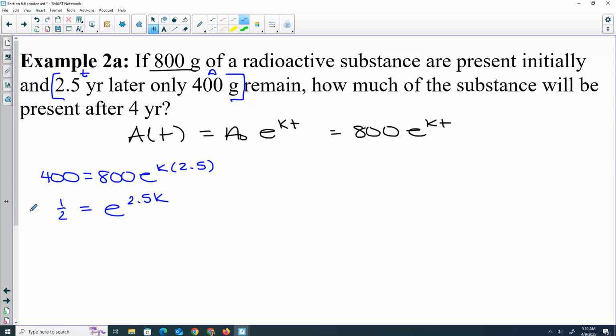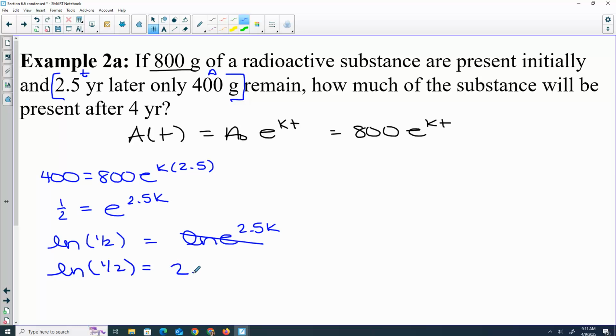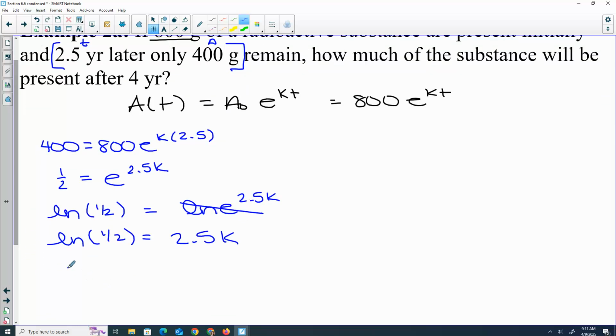Alright, how do we solve these exponential equations with ease? Take the natural log. Ellen, you try. So then we can divide by our 2.5.